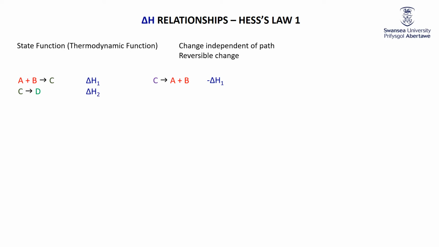If we have another situation, C goes to D, and that is delta H2, then when we put those together and say, let's not go through C, let's go straight from A and B to D, the overall delta H is just the sum of delta H1, going through C, and delta H2, going from C to D. Couple of really important relationships that we will expand upon with examples in class.